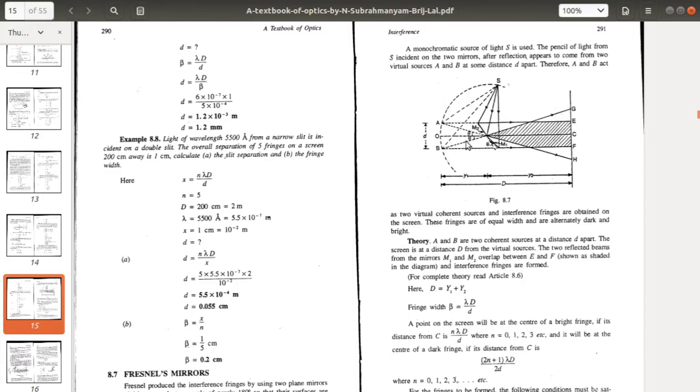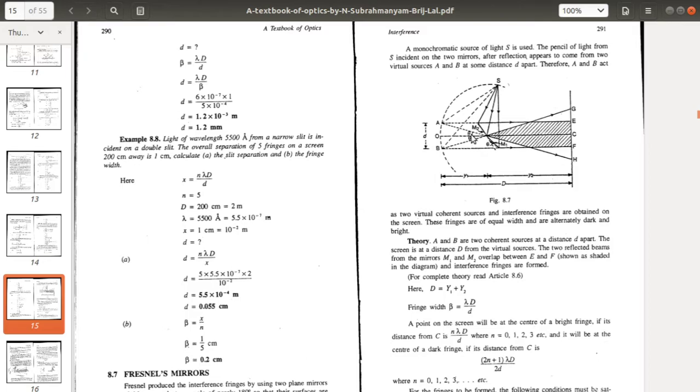The angle between this line and the central line to the point of contact is theta. So this angle is theta, this angle is theta. This theta is the angle between the straight line to the point of contact and the reflected line along this point of contact.